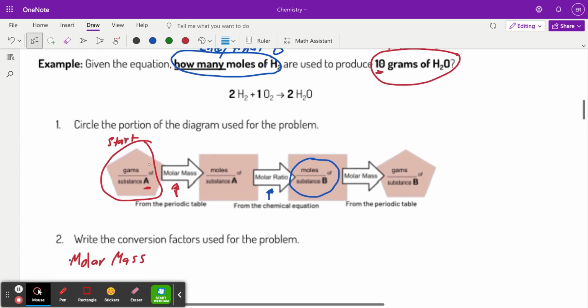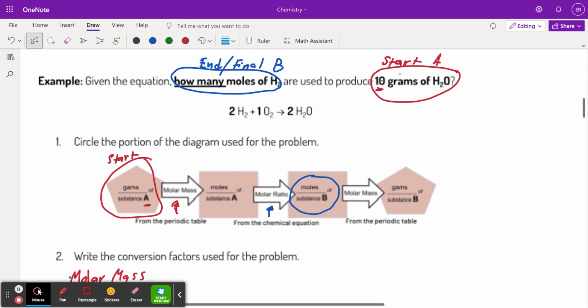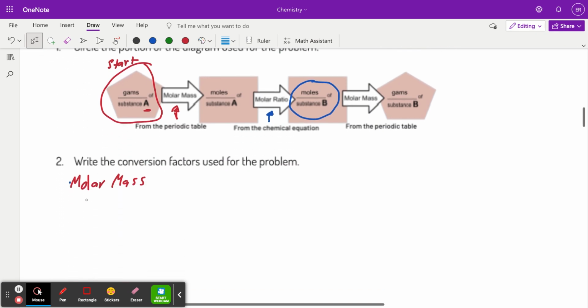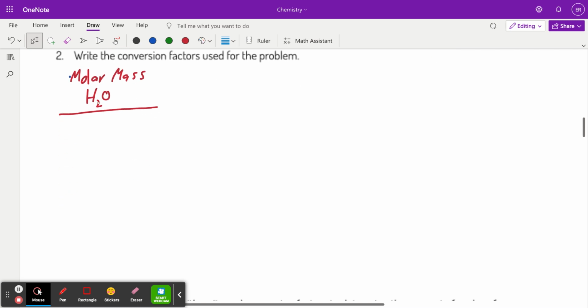And then what is our substance? Our substance A is H2O. So, molar mass of H2O. Remember, to find molar mass, we have to list out all of our elements. So we have hydrogen and we have oxygen.